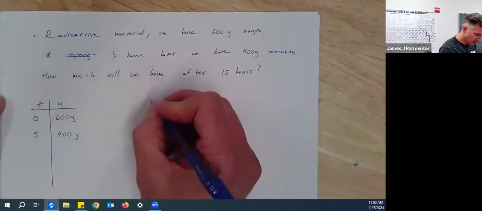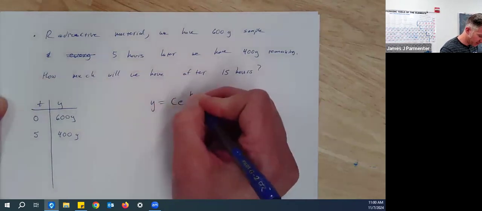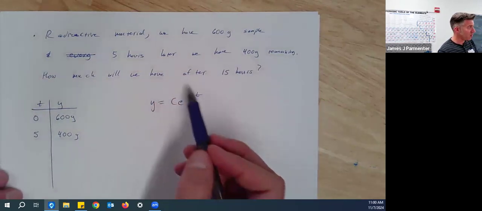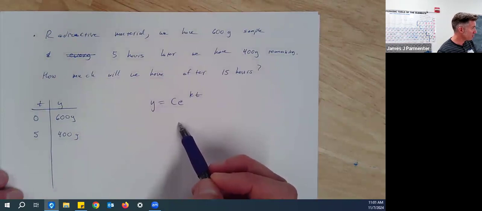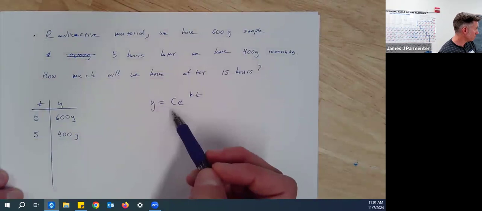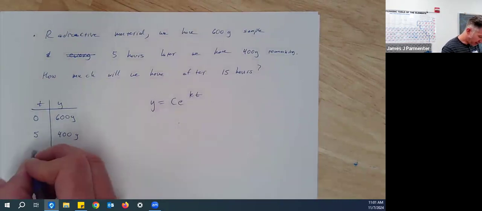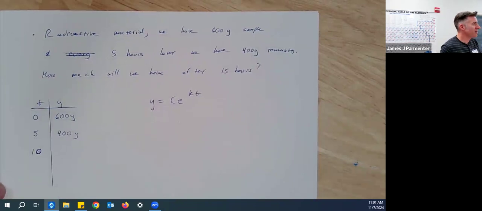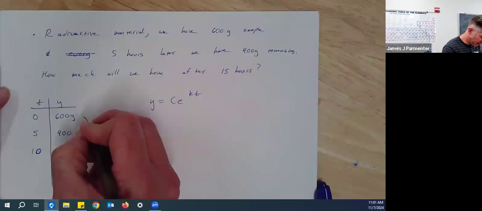If your equation is y equals c e to the kt, I want to point out that this is always, always, always greater than 0, as long as c is positive. This can't ever equal 0. But 5 hours later, it's not that I'm going to decrease by 200, it's that I'm going to multiply by the same factor.